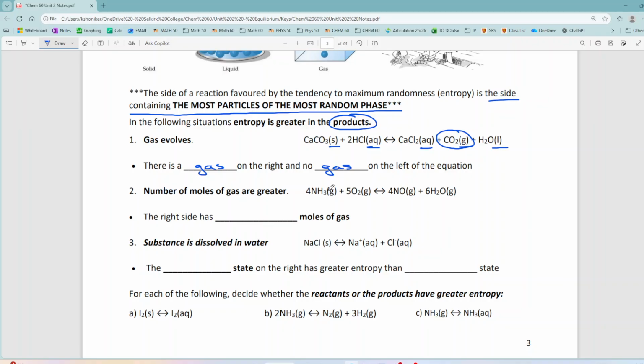If there's a gas and no gases anywhere else, favor that side. The next scenario is, what if we have gases on both sides of my reaction? Well, then what we do is we count up the moles of gas on each side.